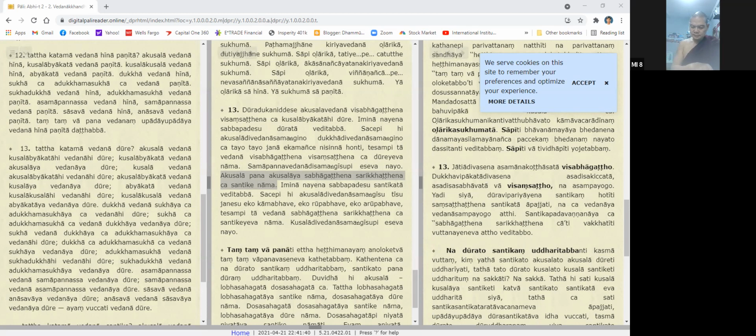Sarika is like a similar nature. Similar nature, is it? I only know that sarika means similar or like. Like. Oh, like. Sabhaga sarika.